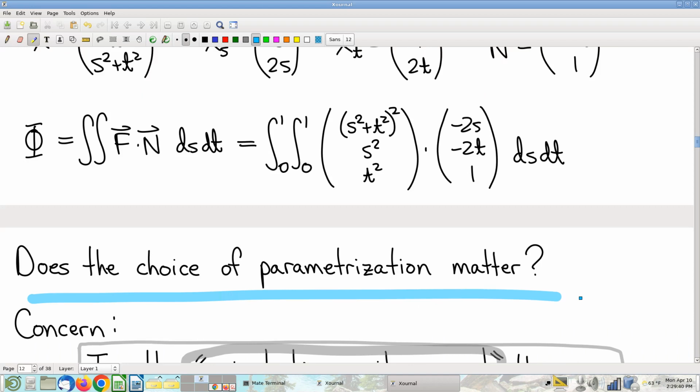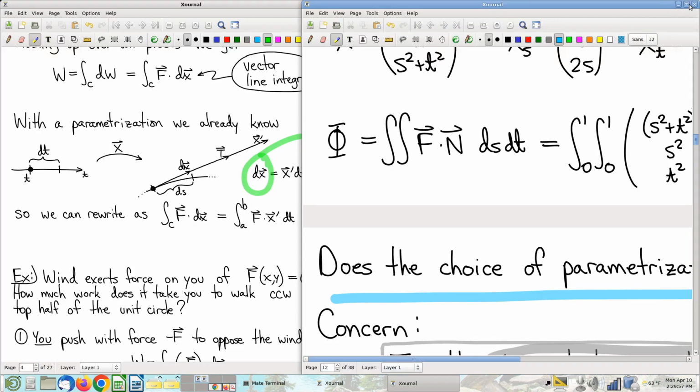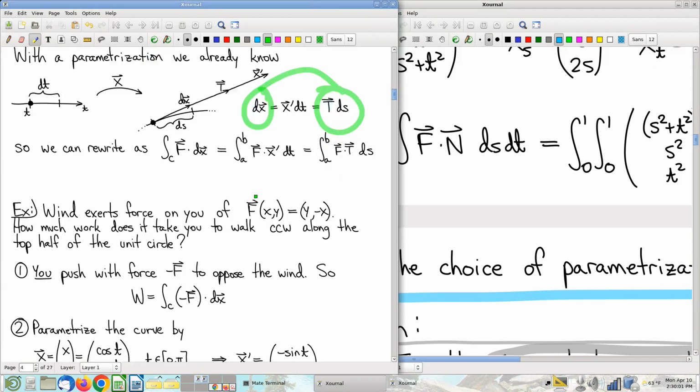Parameterize however you like, it's all good. No issue. They just always give you the same answer, of course they should. With a vector surface integral, there is an issue. Now, let me give a hint as to what that issue is. Again, I'm a big believer in observing similarities and analogies when they happen.